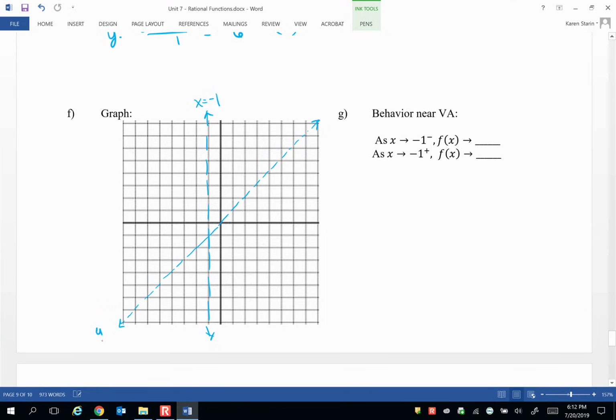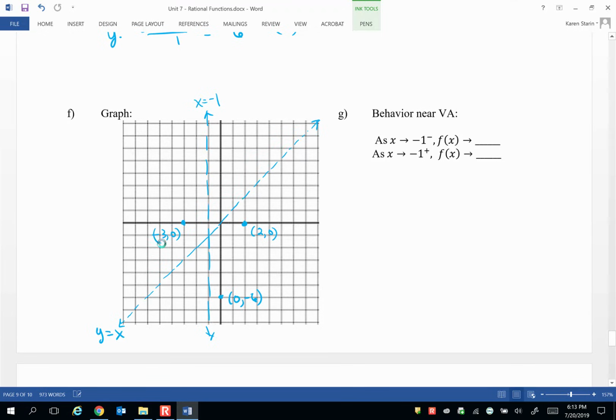So this is y equals x, and I just dashed both those lines to show that these are boundaries where the curves have to be between them. And then I have several points here. I have 2, 0 as an x-intercept. I have 0, negative 6 as a y-intercept. And I also have negative 3, 0 as an x-intercept.